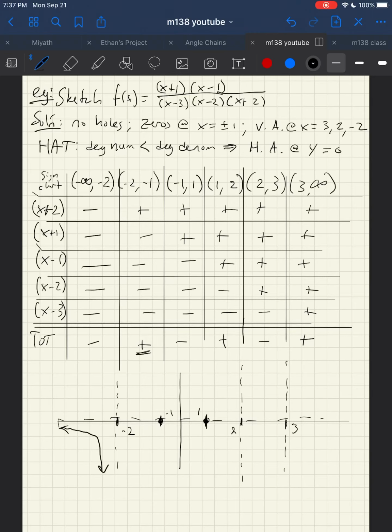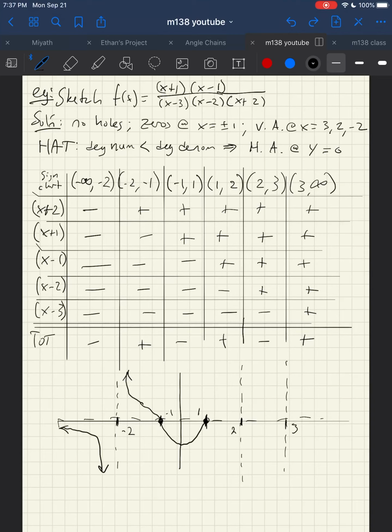Then we're positive in the next interval, so we're coming down that vertical asymptote, and then we have to hit 0. Because we're switching from positive to negative, we're crossing the x-axis. Also, we know that we're going to change signs because the multiplicity of this 0 is odd. And then we've got to hit the 0 again here. Again, we go from negative to positive.